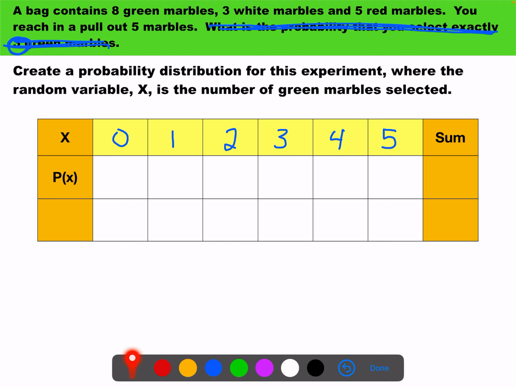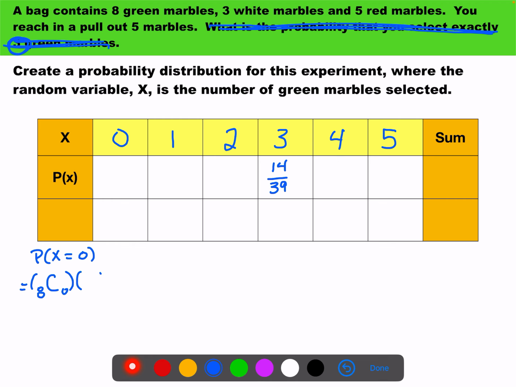We already calculated that first one, which was 14 over 39, if I remember correctly, when x equals 3. To calculate the other ones, I could go through and ask, what's the probability when x equals 0? Well, that'd be the number of ways to select 0 green marbles. Without writing my "and" statement, just skipping a little work to fill in the probability distribution, I have 8 green marbles and I'm selecting none of them.